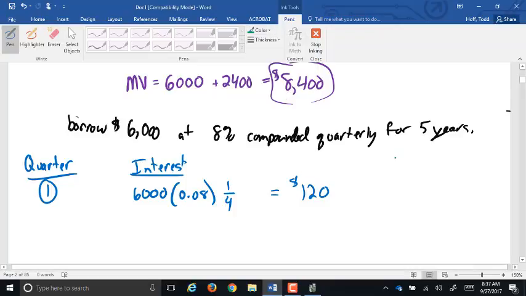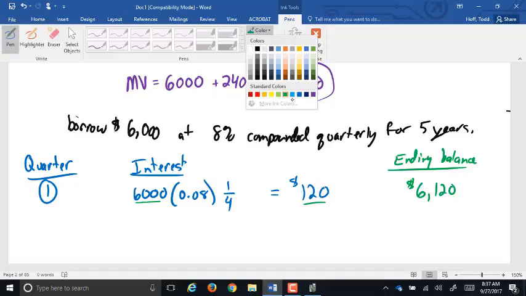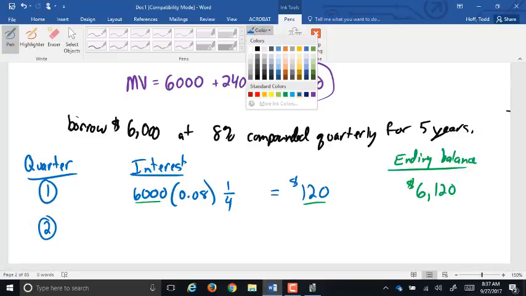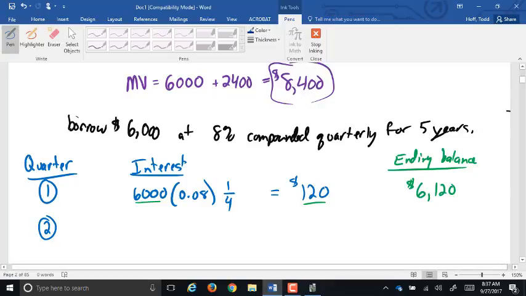So that means your ending balance at the end of the quarter is the 6,000 plus the 120, so that's $6,120. So when you start out the second quarter, you're going to be starting it not with 6,000, but 6,120 times 0.02 times 1/4.